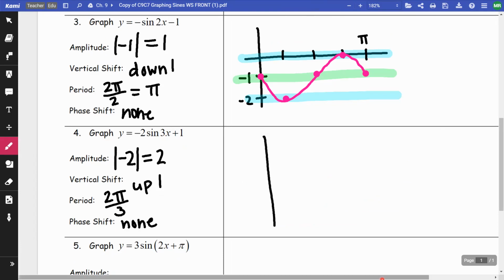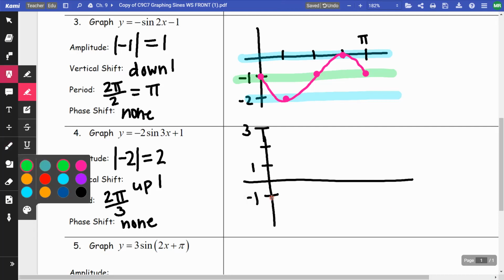So I'm starting up at 1, and I'm going 2 above that, up to 3, and I'm going 2 below the 1. So 1, 2 below, I'm going to be at -1. So again, my vertical shift is at 1.